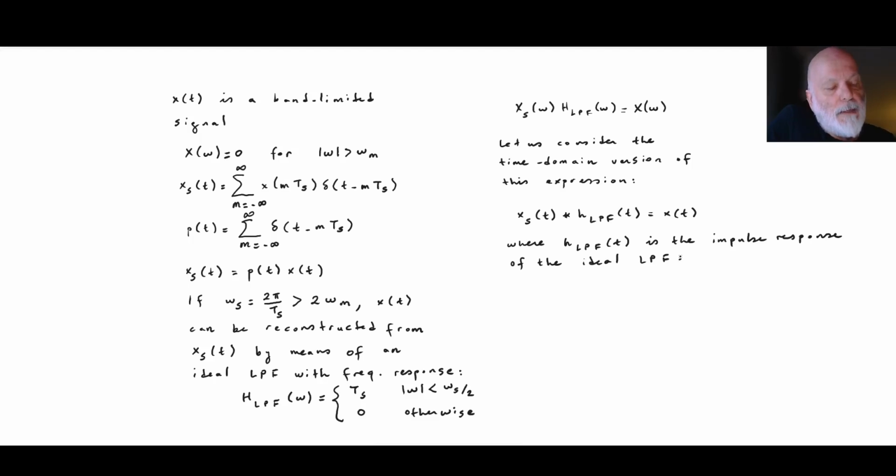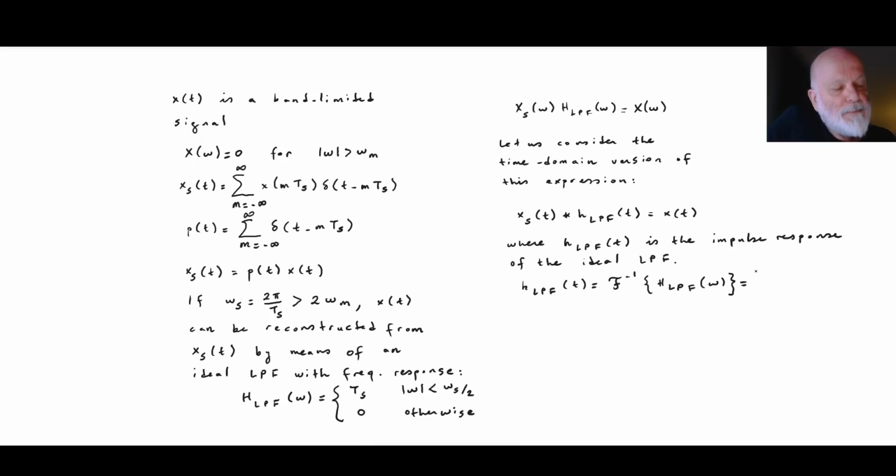Okay, so how can we calculate the impulse response? We can use the inverse Fourier transform. So h LPF of t is the inverse Fourier transform of capital H LPF of omega.